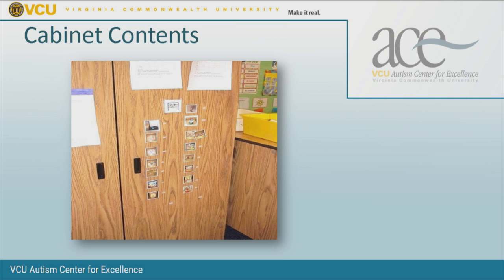This provides me a way of knowing what toys are out at any point during the day, and it also makes the students responsible for choosing their own activities and then cleaning up at the end of their choice time. When they're finished, they have to put the toy away, remove the picture, and put it back on the choice board.